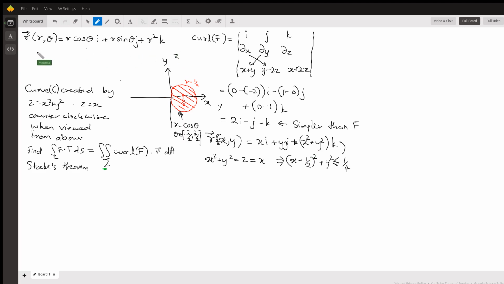And the bounds: theta will be between negative pi over 2 to pi over 2, and then r will be from 0 to cosine theta. So r starts here and moves all the way from 0 to this point, r equals cosine theta, depending on the value of theta, right? So this is our basic framework.